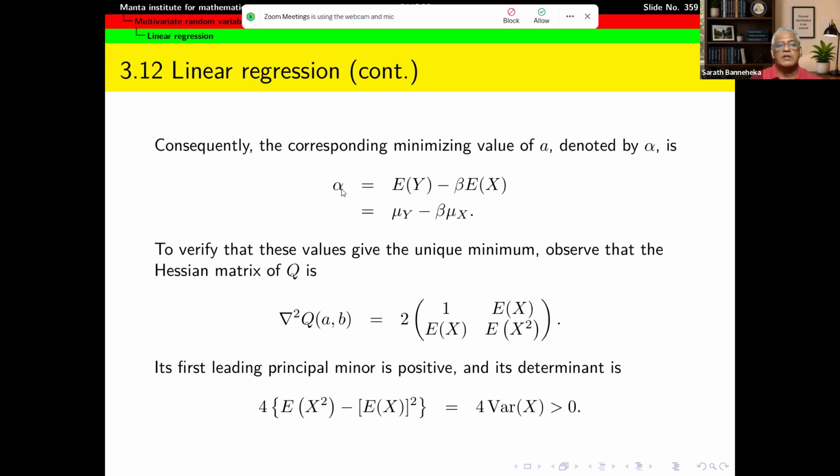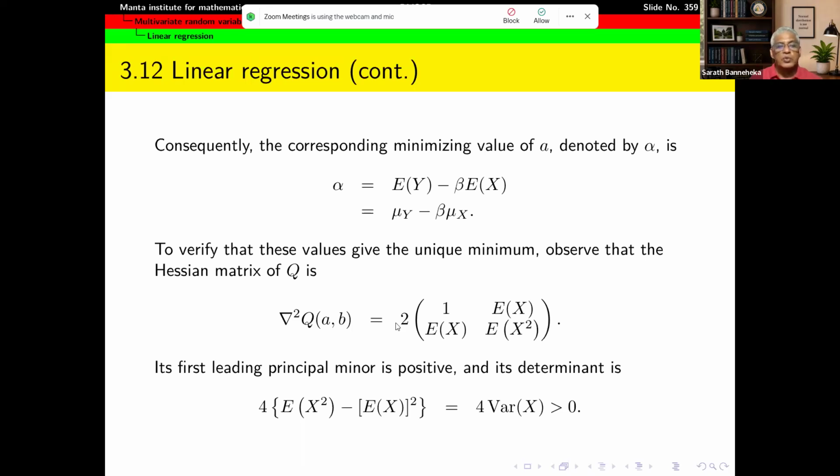Now, to verify that (alpha, beta) is the minimum point, we have to consider the Hessian matrix. The Hessian matrix is the second derivative matrix of our Q function. This is the second derivative with respect to a, this is the second derivative with respect to a and b, this is also the second derivative with respect to a and b, and this is the second derivative with respect to b. Every term has a 2 as a product, so you can take that out.